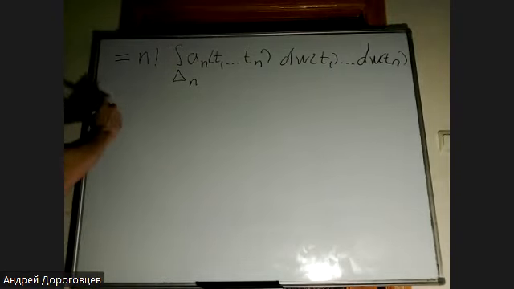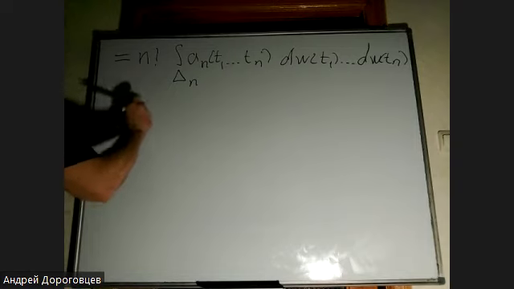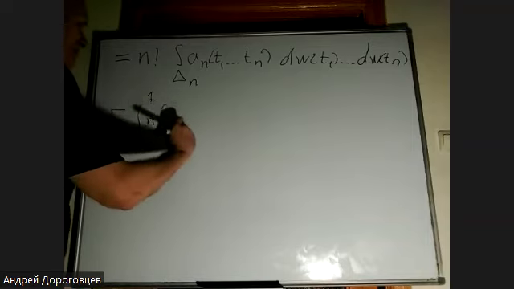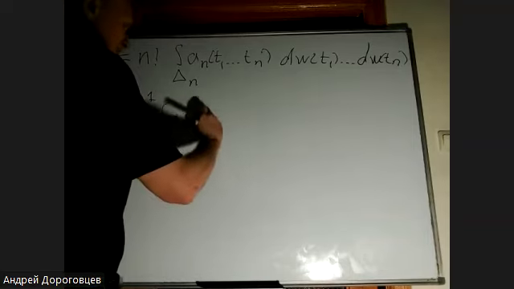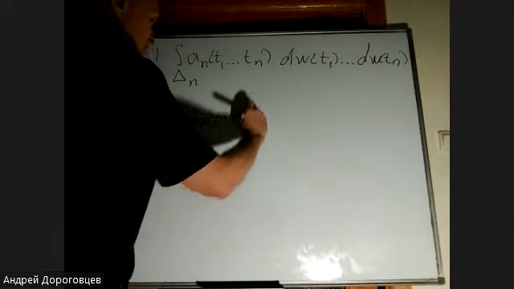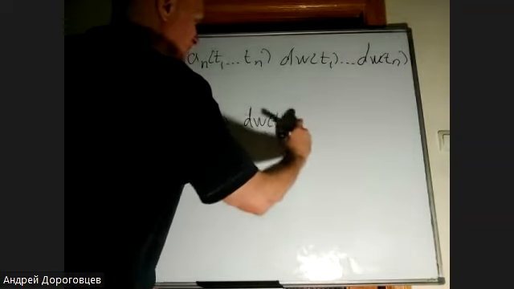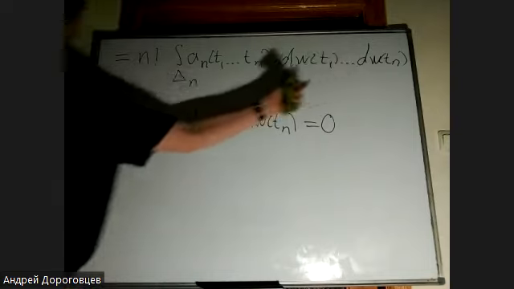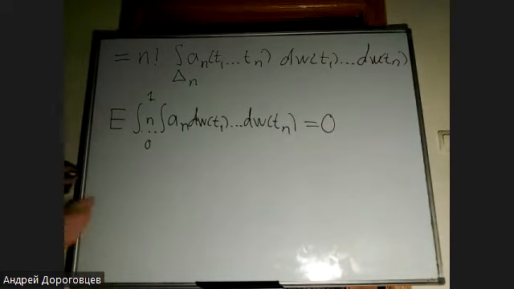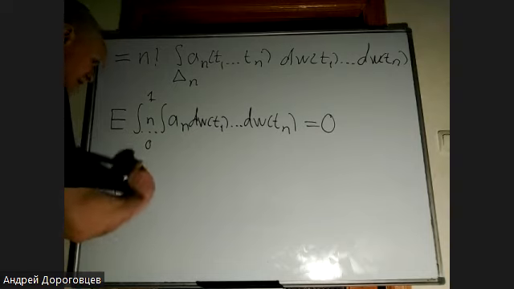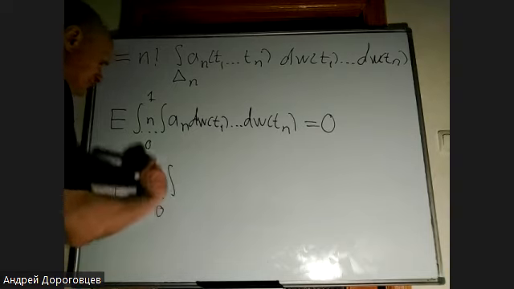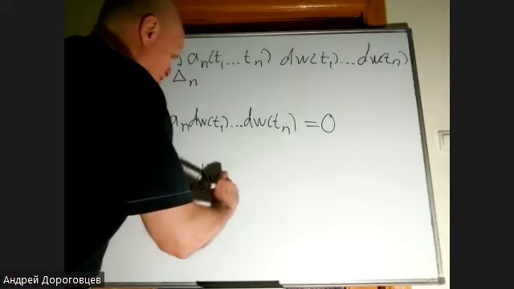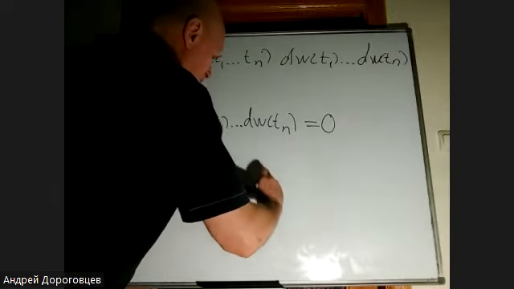We can see that the expectation of this multi-integral of a_n dW_t1 ... dW_tn is equal to 0 because here we have the expectation of an Ito integral, which is equal to 0.